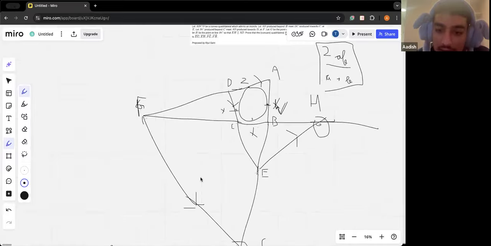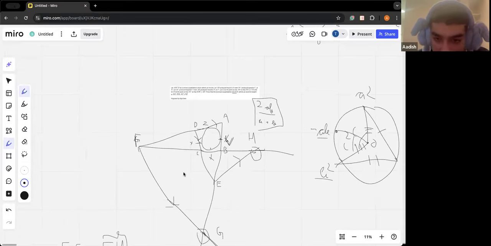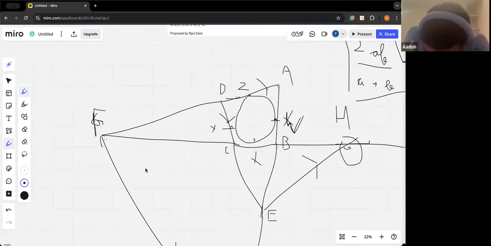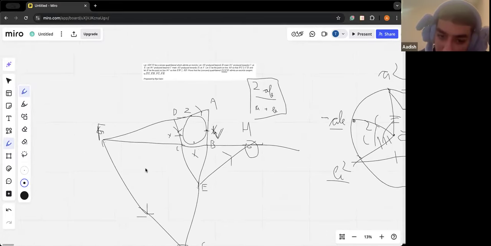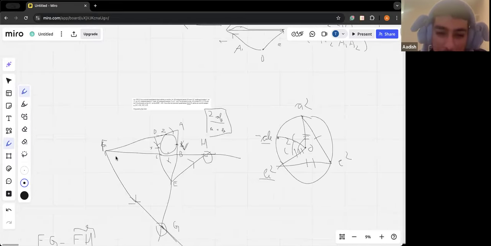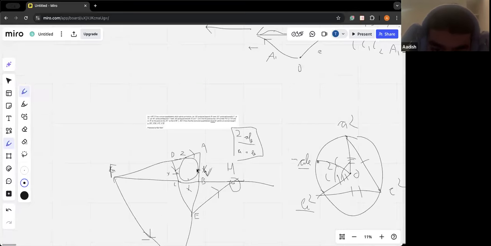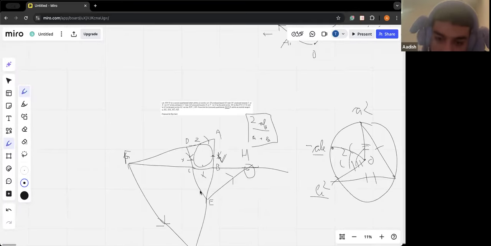Right. Now, what are the angle bisectors? That seems random, right? Well, you will notice something about this quadrilateral: while the points are extremely random, FG is parallel to CD.